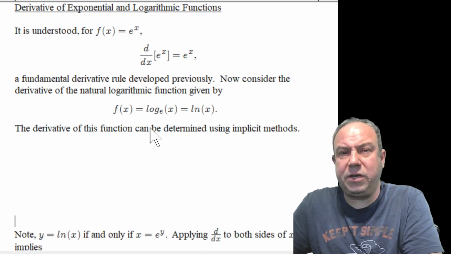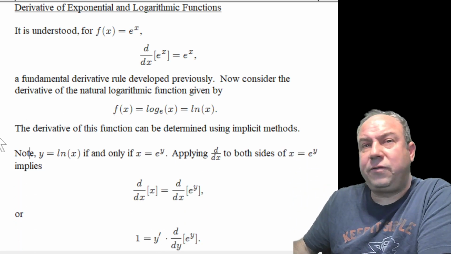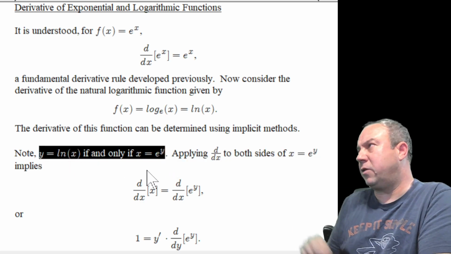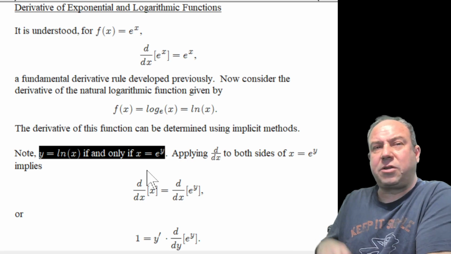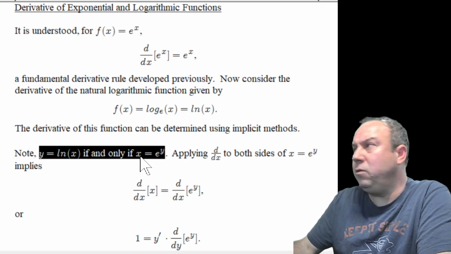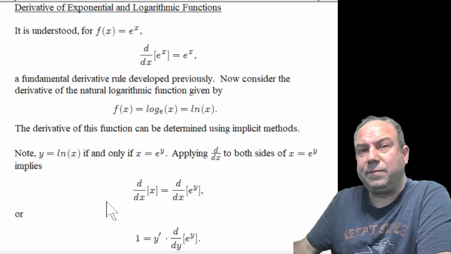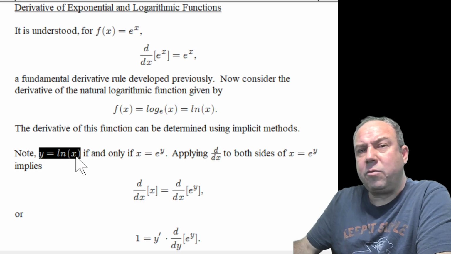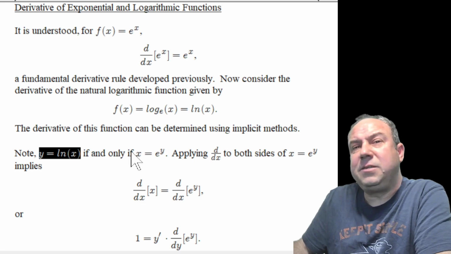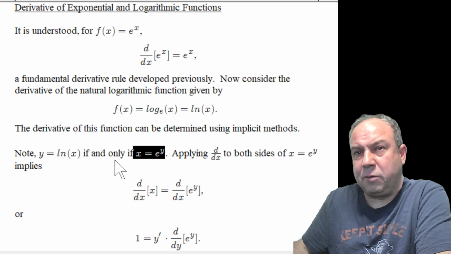To begin with, what we note, and this is a fundamental idea that we use to define the logarithmic functions, is their relationship with the inverse of the exponential. What we start by noting is that y equals the ln of x if and only if x is equal to e raised to the yth power. Remember from college algebra, how we define logarithms is based upon their inverse relationship with an exponential function of a similar base.